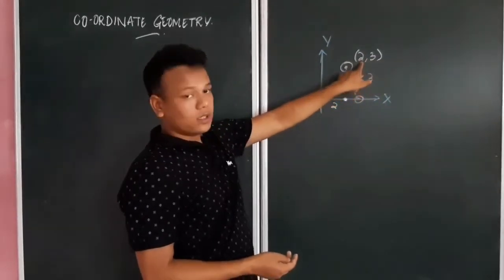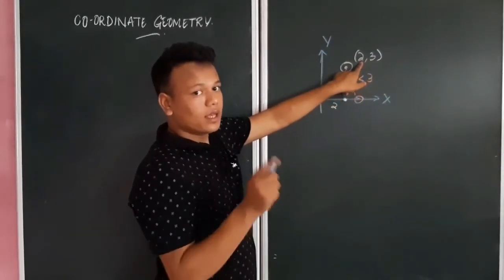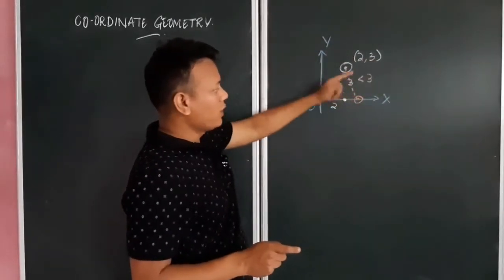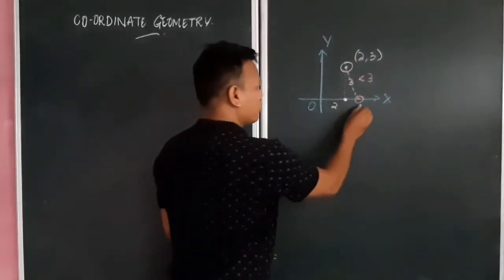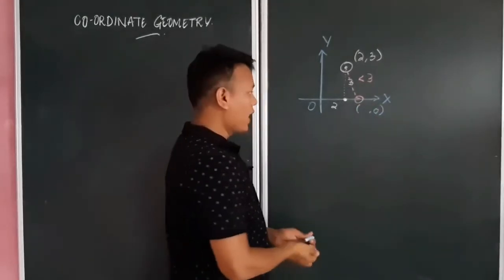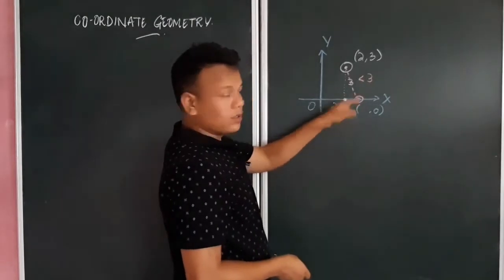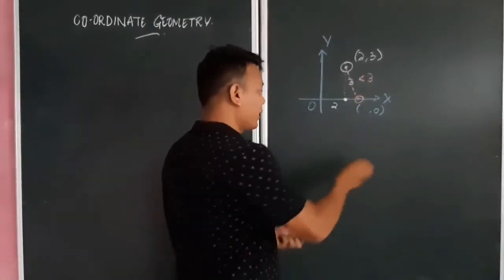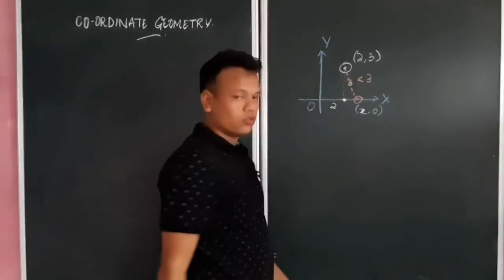The first coordinate is known as the abscissa and the next is known as the ordinate. Since it is not moving towards y, the ordinate will be 0 for this. So let me write the ordinate to be 0. And since it is lying exactly on the x-axis, and I don't know at which distance it is lying, let me take the abscissa to be x.